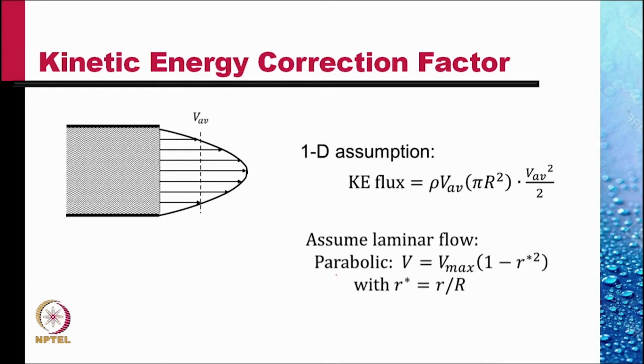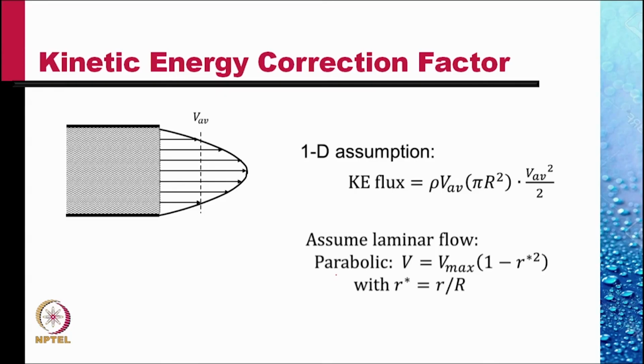So, V average, VAV, is the velocity throughout the pipe. The mass flow rate would be rho V average times pi r square, and then kinetic energy per unit mass at average velocity is taken as V average square divided by 2. So, this is the kinetic energy flux with one-dimensional assumption.